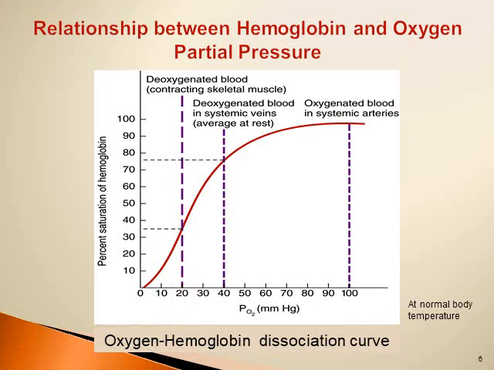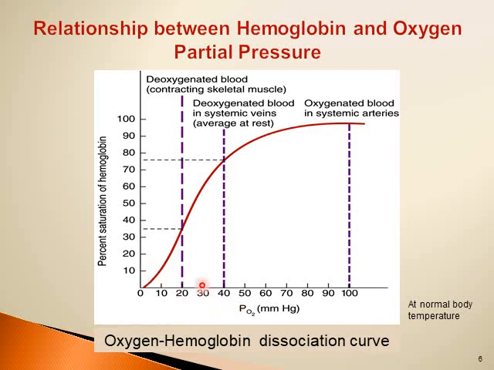So as we go to the right and up with the curve, it means that the hemoglobin affinity for oxygen is becoming higher and higher since it carries more oxygen. So as we go up to the right, it means higher affinity. As we go down, it means we have unloading of oxygen from hemoglobin.